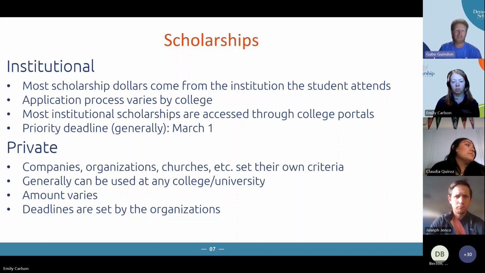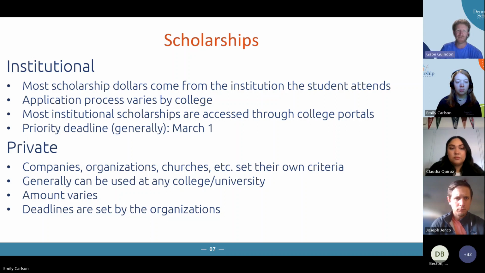But for the vast majority, step one of accessing any of these institutional scholarship dollars will be financial aid submission, which is the goal of the workshops that our volunteers will be supporting in the spring semester. Additional institutional scholarships are accessed by students through their college portals and oftentimes have a priority deadline of March 1st from one year to the next for students to submit those additional institutional scholarship applications.